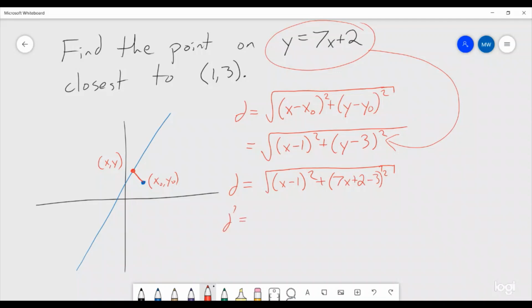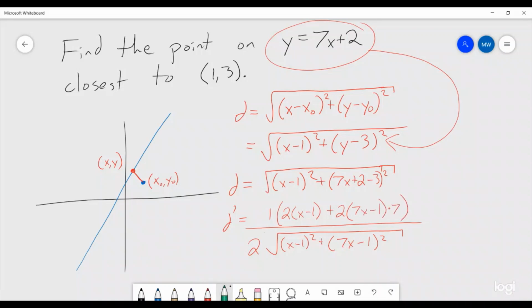So it's the derivative. Well, the derivative of a square root is 1 over 2 times the square root, (x minus 1) squared plus (7x minus 1) squared, times the derivative of the inside. Well, derivative of the inside is going to be 2 times (x minus 1) times 1 plus 2 times (7x minus 1) times 7.